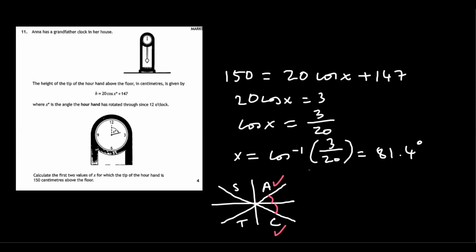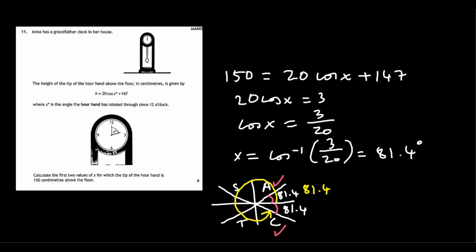So the angle is 81.4, so both would be 81.4. And then you just measure each one from the initial line. So this line over here is called the initial line. So you just want to measure each one from that line. So the first one would be 81.4. So that stays the same. And the second one would be all the way around like that. So if we go all the way around, that would be 360.